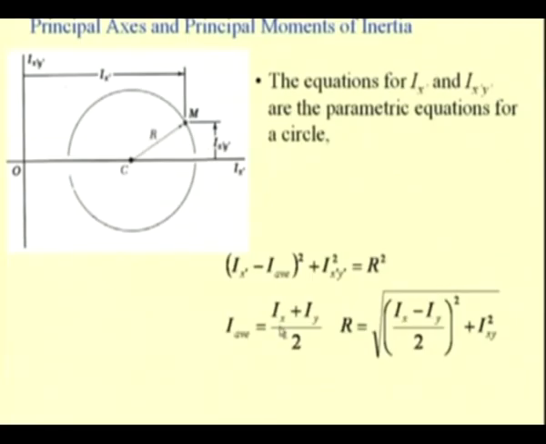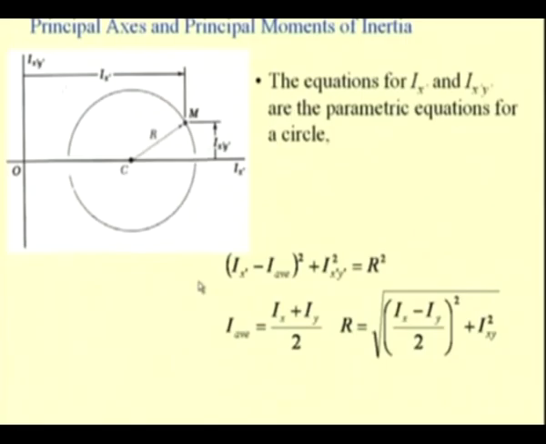The average second moment of inertia, I average, is Ix plus Iy by 2, which is the location of the center, and the radius of this circle is root of (Ix minus Iy by 2) square plus Ixy square.